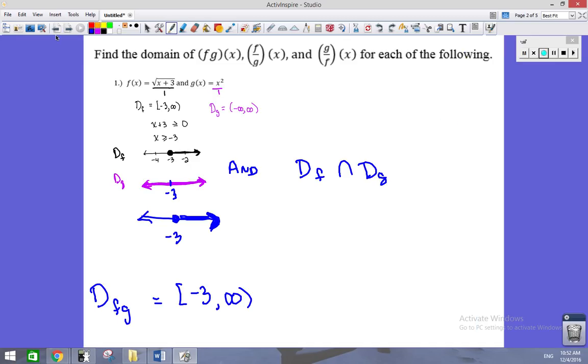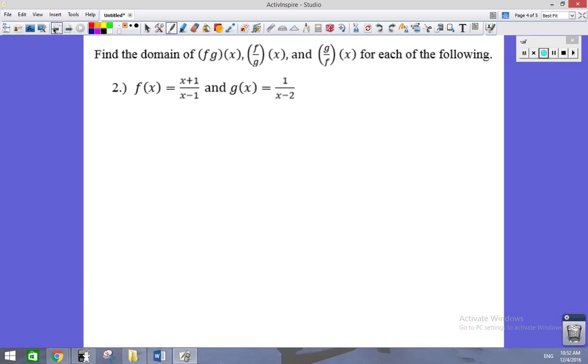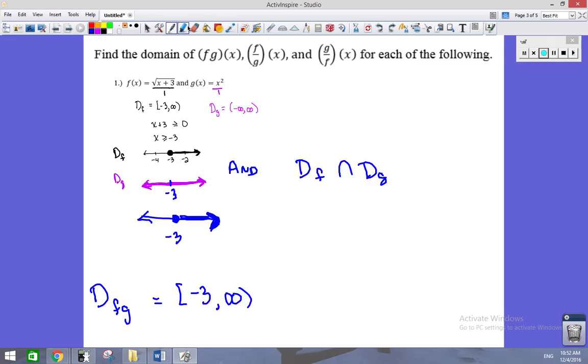All right, so let's erase this and this. All right, so now in part B, I'm trying to find the domain of f over g.